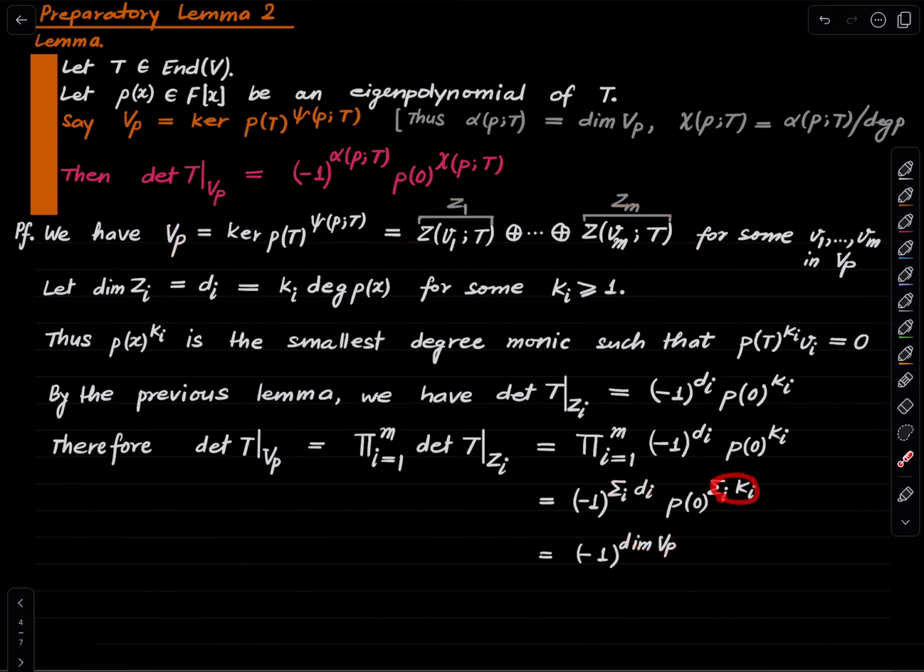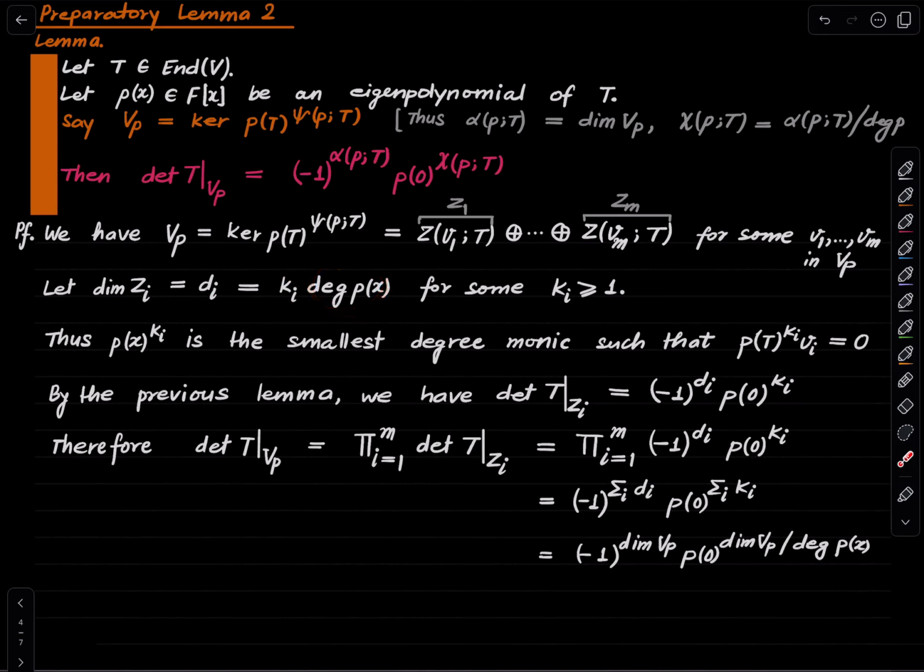What about this? That is equal to the dimension of Vp divided by the degree of P. Right? Because what is di? Di is ki times the degree of P(x). Summing up all the di's gives us the dimension of Vp. So the sum of all these numbers is the dimension of Vp, but this is a common factor to all of them.